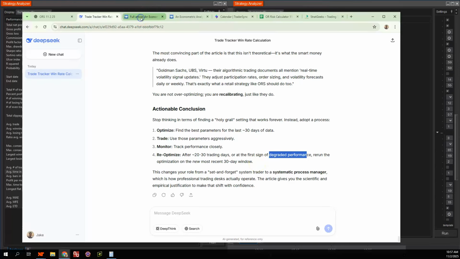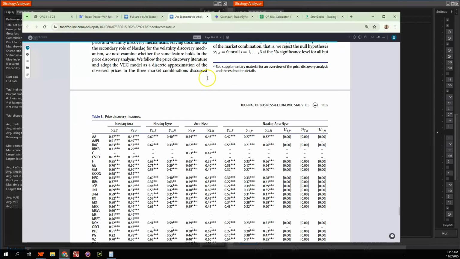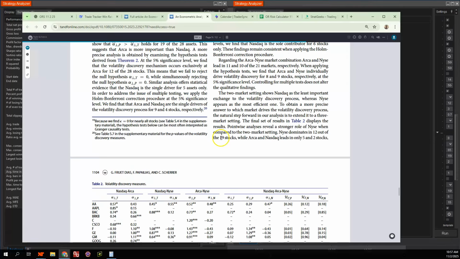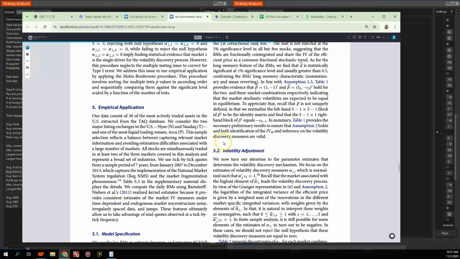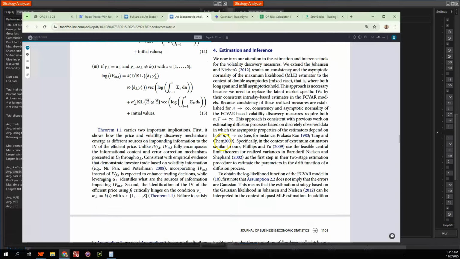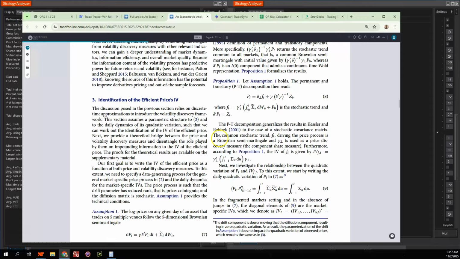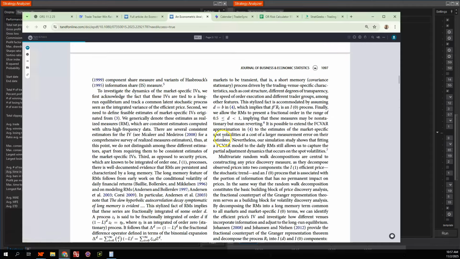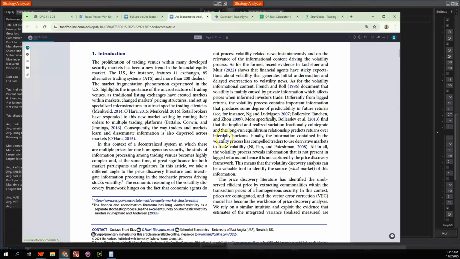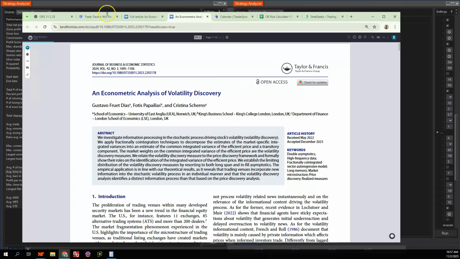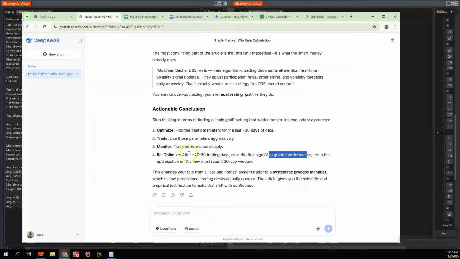But look at the article. These people are not messing around. And this is just one of probably many articles. Re-optimize after 20 to 30 trading days or at the first sign of degraded performance.